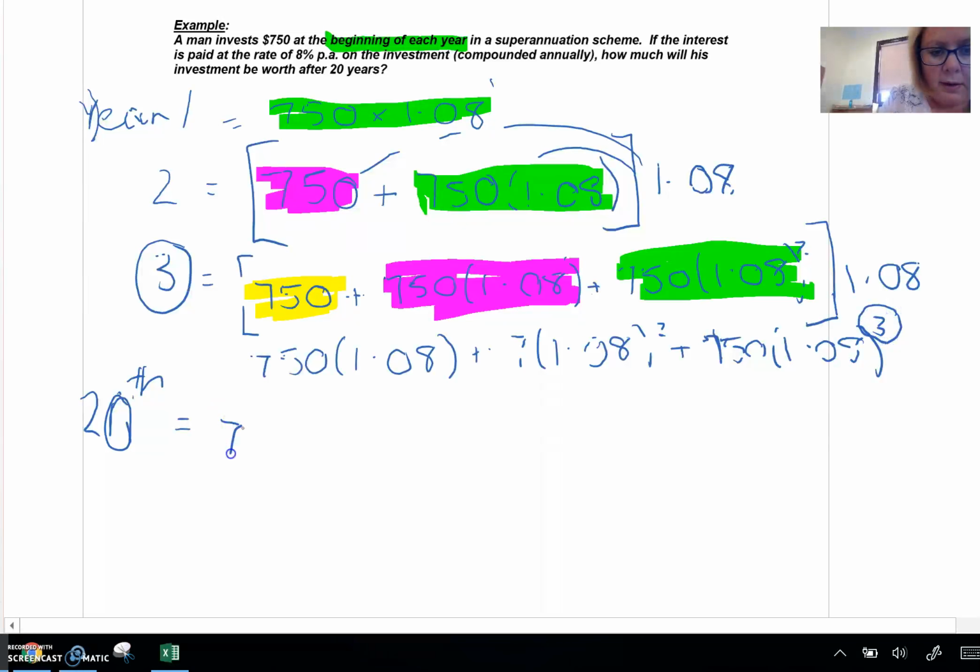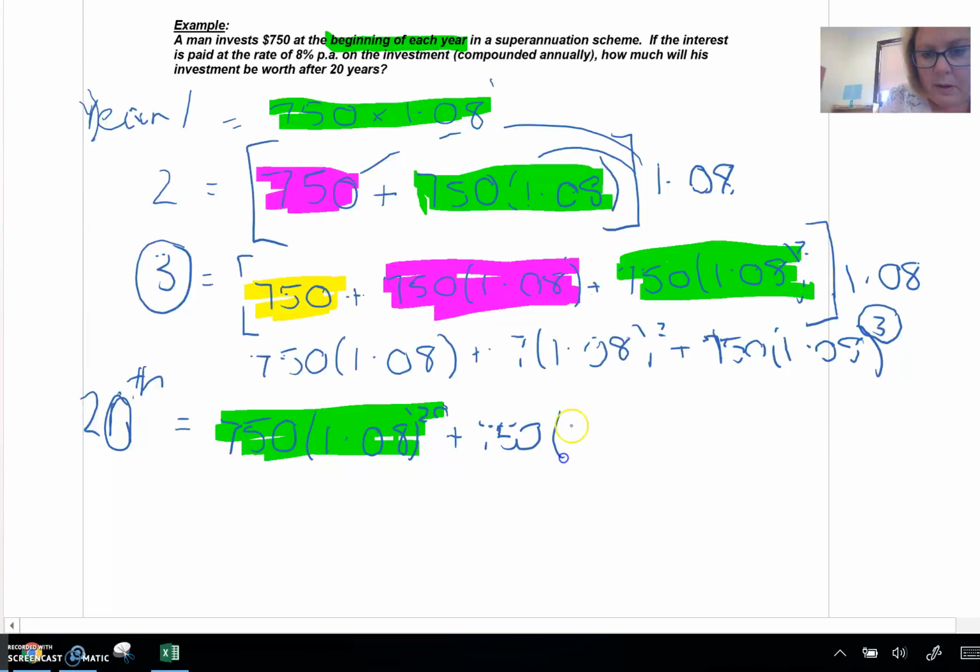So in the 20th year, I'm going to have 750, 20 times. I'm going to do it in green. That's the first payment. And I'm going to have, the second year is always one less than the third year, so it's 750 times 1.08 to the 19.